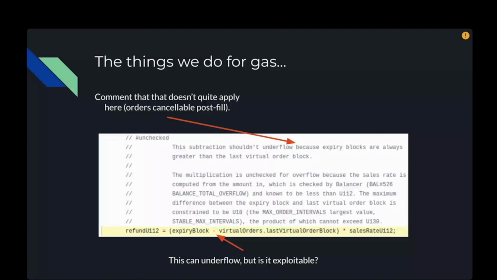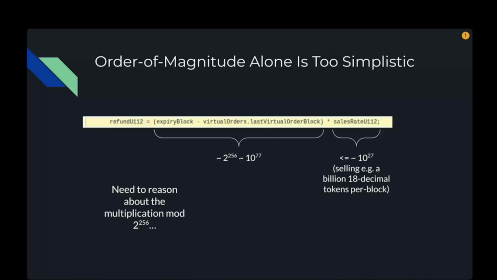And you see here there's this underflow, and if the value on the right hand side works out to a number of tokens that is less than the total reserves of the pool, and also less than the total tokens queued to be sold, you could actually extract value here if you could get this refund U112 value in a reasonable range. So then the challenge becomes, can you get it there?